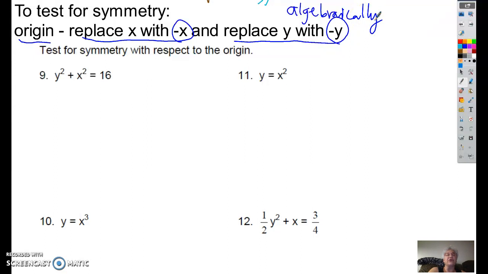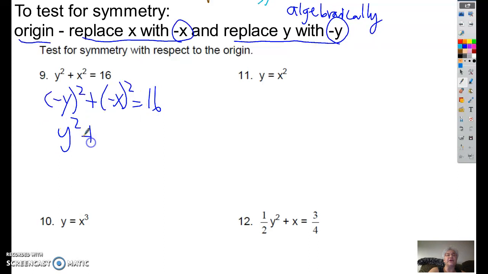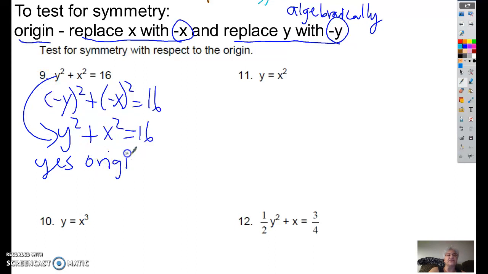So starting with number 9, rather than y, I'm substituting negative y. For x, I'm substituting negative x. Negative y multiplied is y squared. Negative x times negative x is x squared. The equations are the same, so we can say yes, origin symmetry.